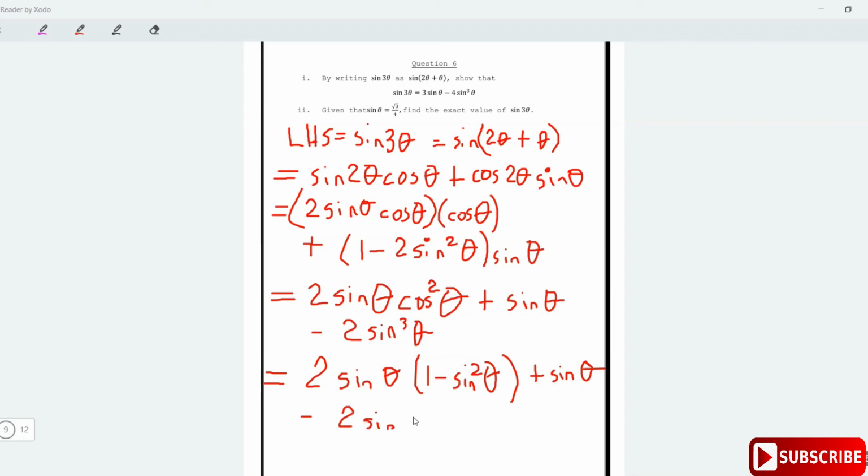So now what is that going to be equal to? This works out to be 2 sine theta times 1, which is 2 sine theta, then minus 2 sine cube theta, and then plus the sine theta, and then minus 2 sine cube theta.